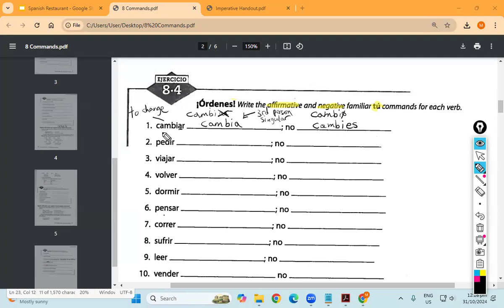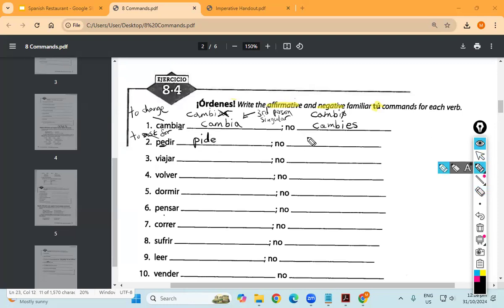Right? Pedir. Okay, now pedir is what kind of verb? Stem changing. Right? Pedir, to ask for, to order. So if you want to tell your friend, you know, order something for me, you have to use the imperative. You're telling them to do something. So this would be pide, third person singular again.